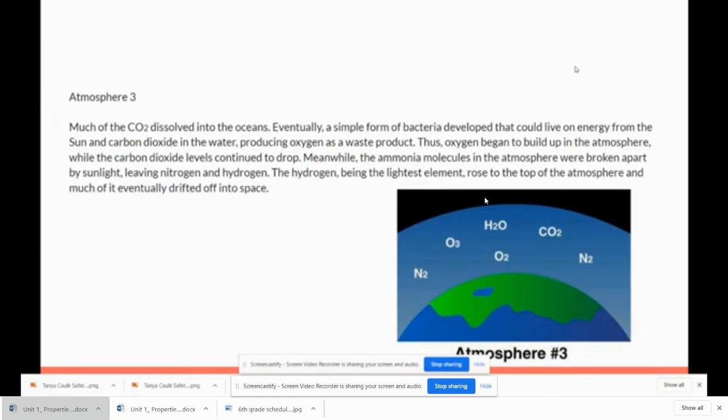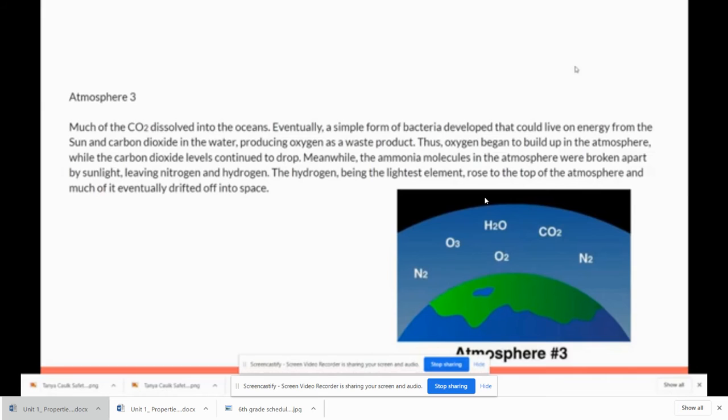Then the third atmosphere. So much of the carbon dioxide that was in the air from the second atmosphere was actually dissolved into the oceans. But eventually, a form of bacteria came about, and they developed so that they could live on the energy from the sun and carbon dioxide that was in the water. They produced oxygen as a waste product, kind of like our plants do. They take in carbon dioxide and they release oxygen. Well, these bacteria did the same.